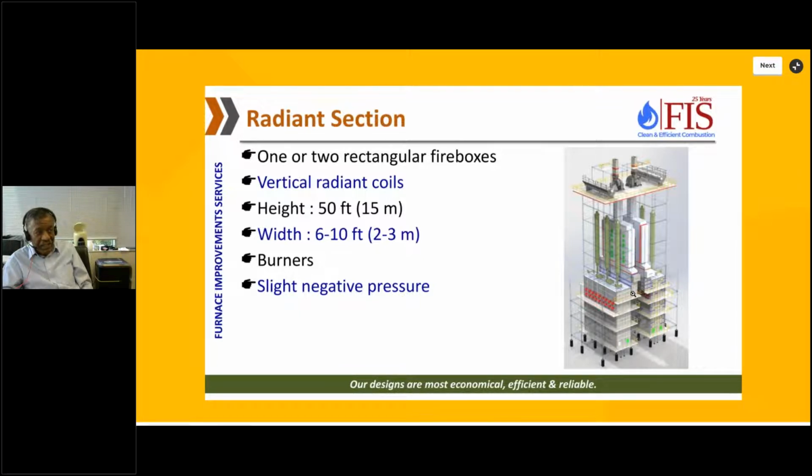Most of the radiant sections will have a height of 15 meters or 50 feet. Width is anywhere between 6 to 10 feet. We have burners on the side or on the floor, and they all operate on slight negative pressure. That's typically what we envisage in our designs.